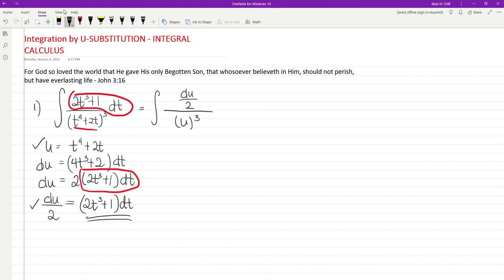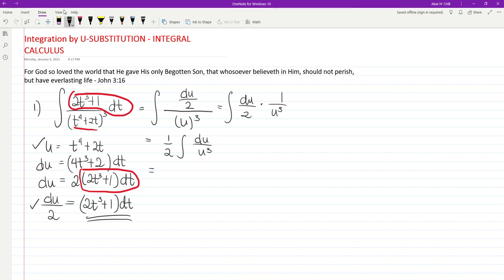Now, by rules of integration, this can be simplified as du all over 2 multiplied by 1 all over u raised to 3. By the principle of basic integration techniques, we can factor out 1/2 outside of the integral sign because that is a constant. So we have du all over u cubed.